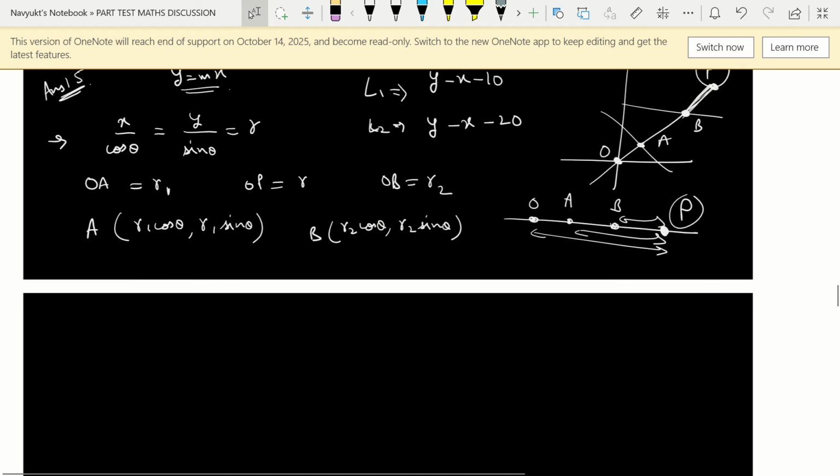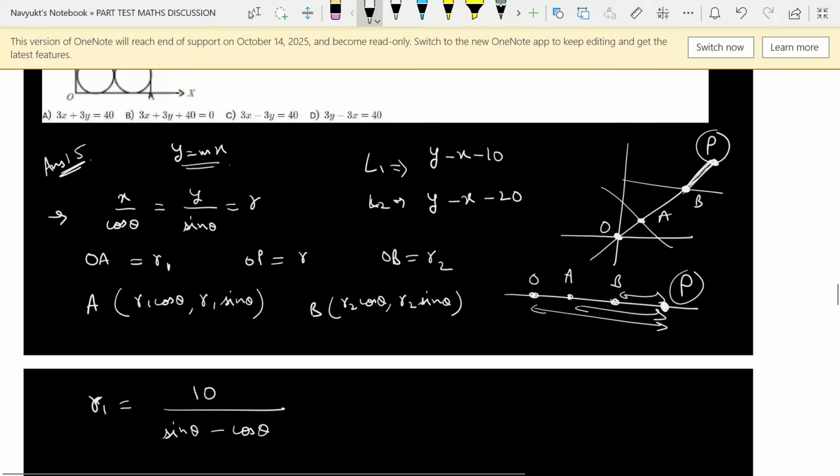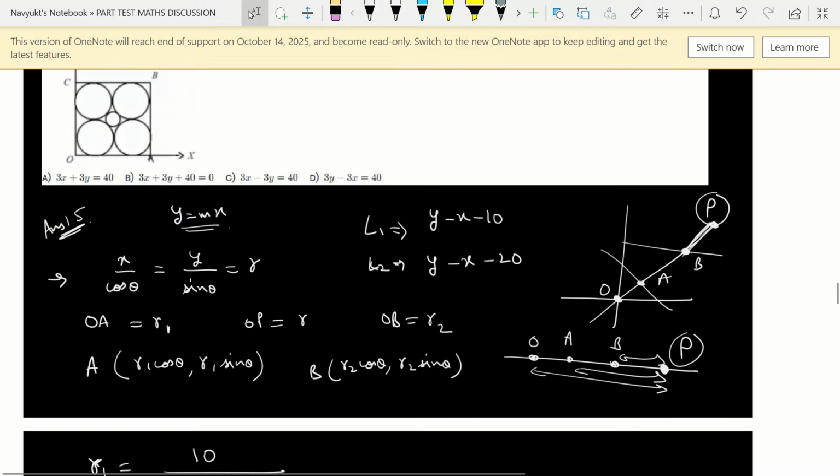So first of all, what will we find? We'll find the value of R1. We'll get it as 10 by sine theta minus cos theta. How did we get this? Because this point A lies on my line L1, right?